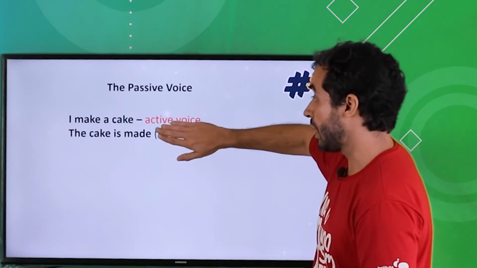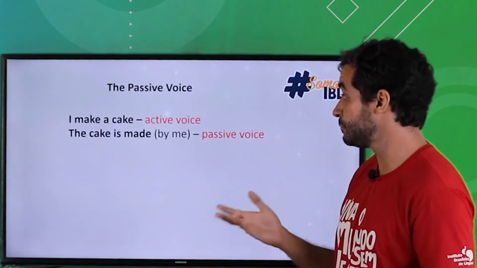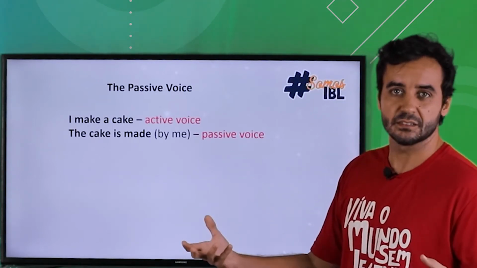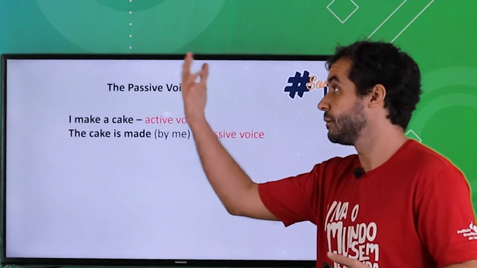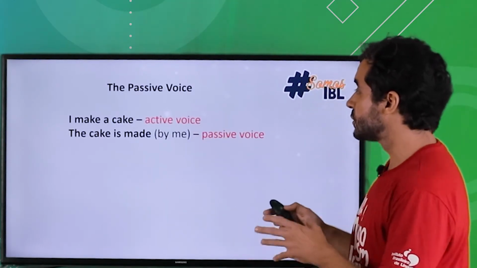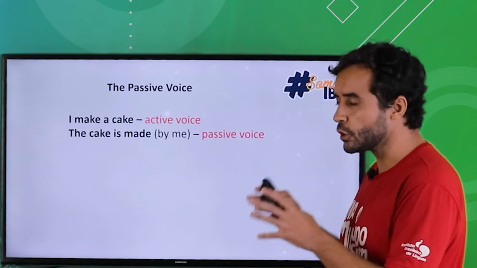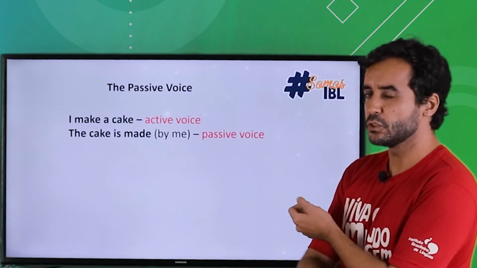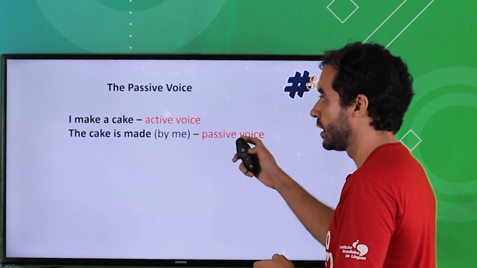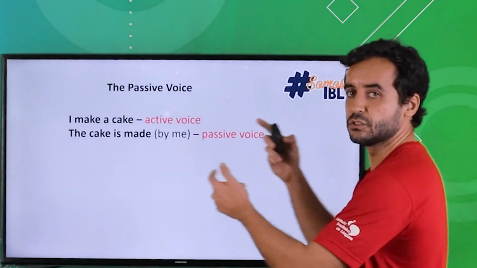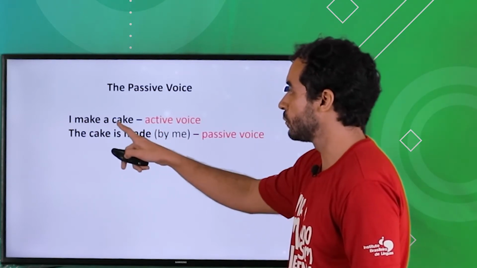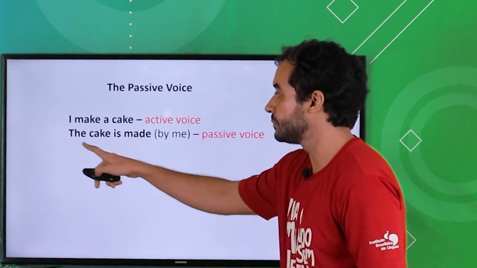I could only use "the cake is made," but of course, if you want to make it more complete, you can say "by me." So pay close attention: whenever we make a sentence in the passive voice, like the second one, we switch places. What was the subject becomes the object, and what was the object becomes the subject.